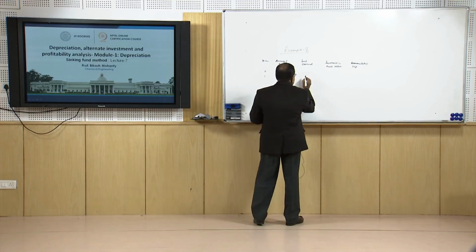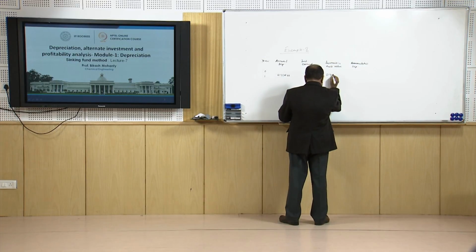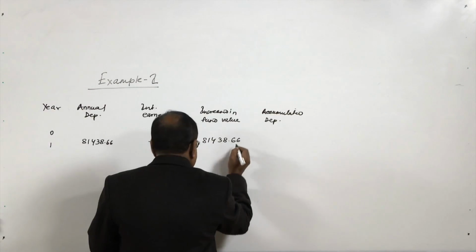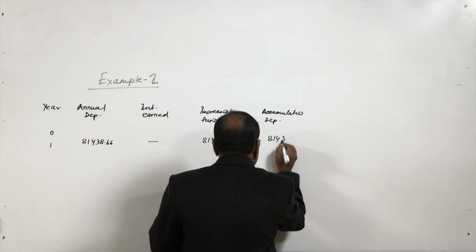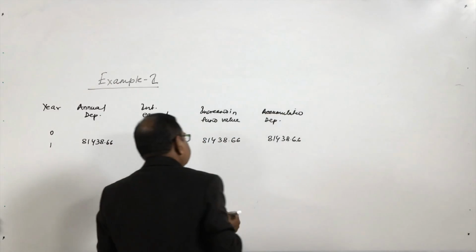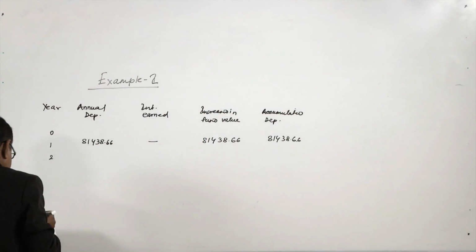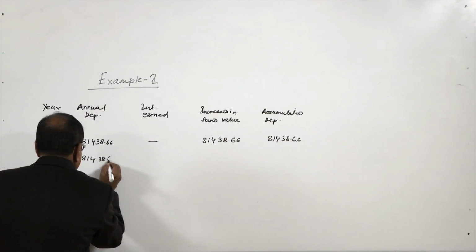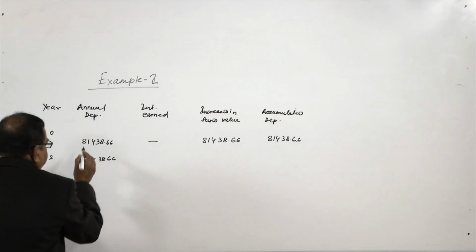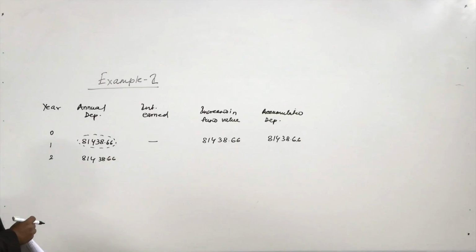Now, no interest earned, the fund value is 81438.66 and this is also 81438.66. Now, in year 2 again the payment of 81438.66 will be done, but the earlier value will now earn an interest of 5%.